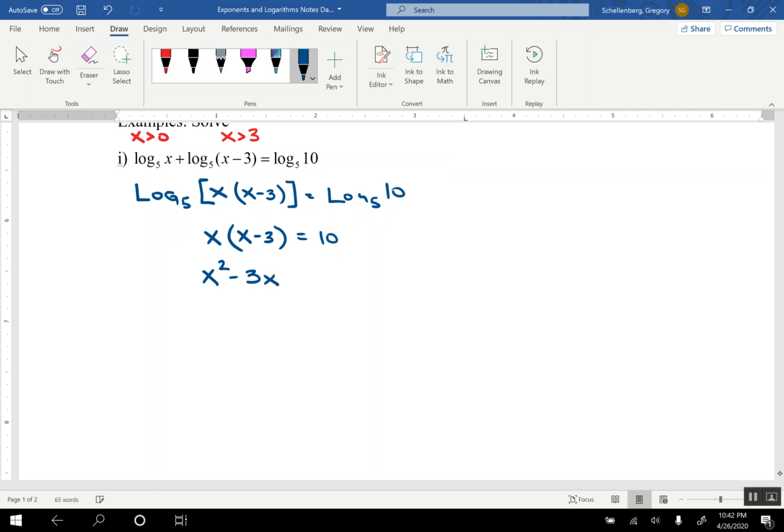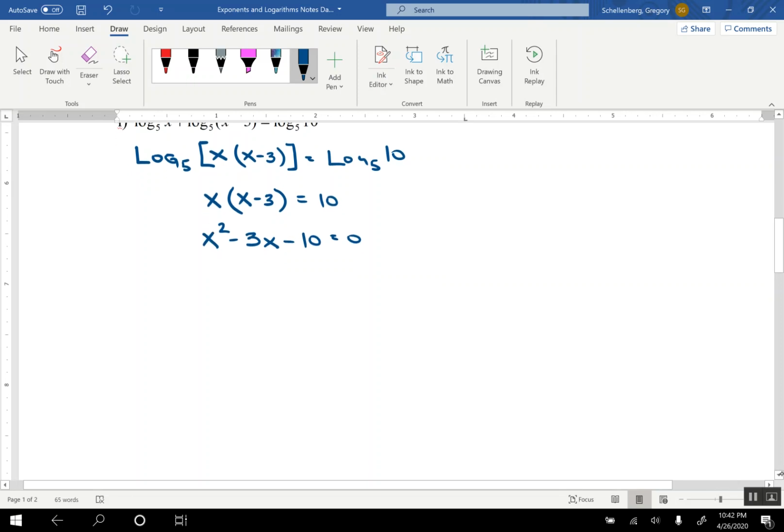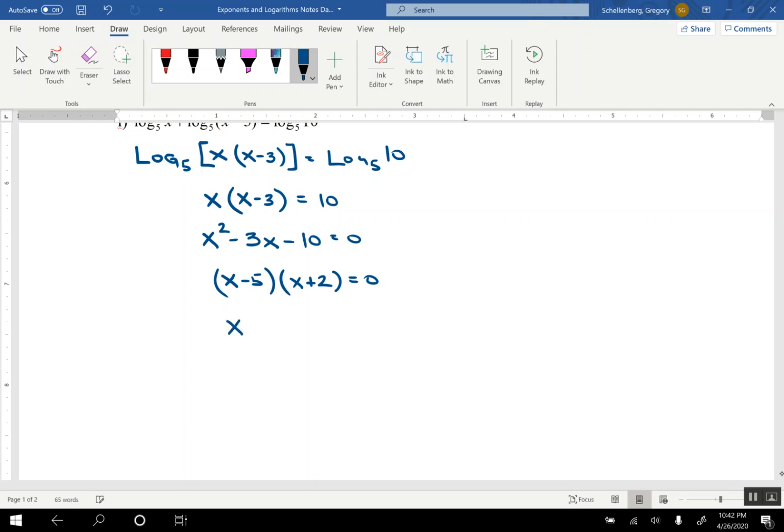I'm going to move that 10 over. Minus 10 is equal to 0. And then let's factor this to solve. So we're going to get an x minus 5 times an x plus 2 is equal to 0. And so our solutions for x are 5 and negative 2.